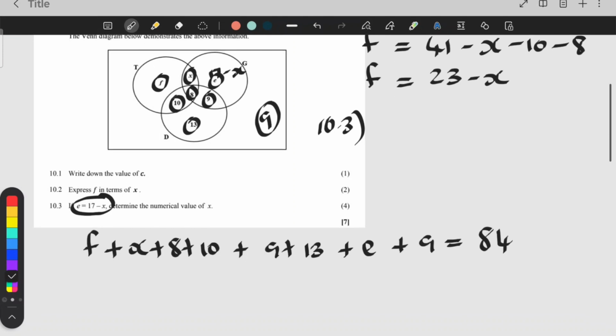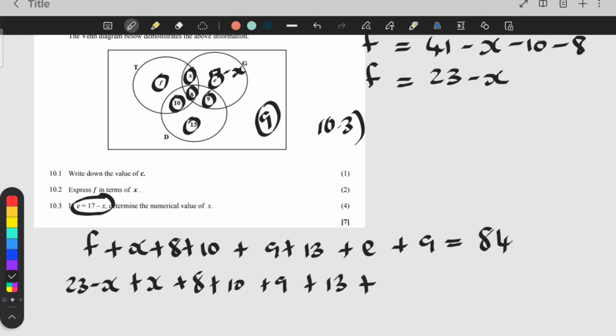But now you have an expression for F. F is 23 minus X. So I'm going to replace F with 23 minus X, plus X plus 8 plus 8 plus 10 plus 9 plus 13 plus E. But I have an expression for E. In the information, it said E is 17 minus X. So plus 17 minus X plus 9 is equal to 84.